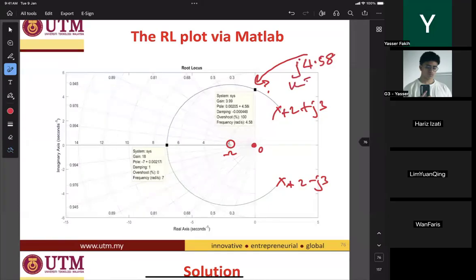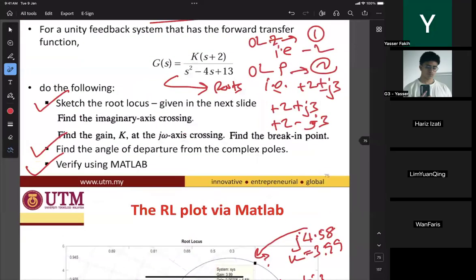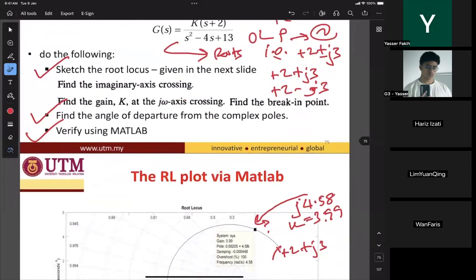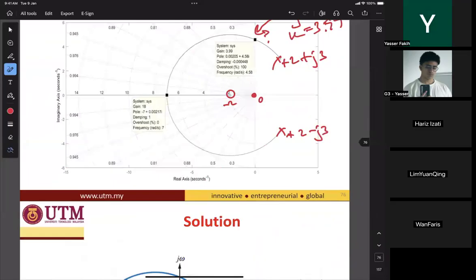And the gain is 3.99 by simulation. And the break-in point is about -7.